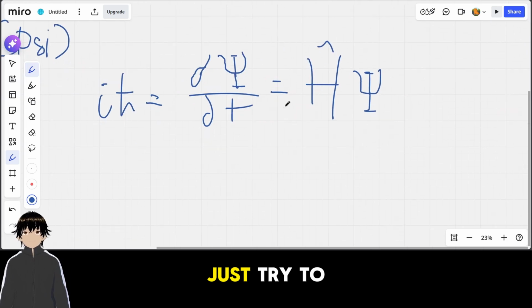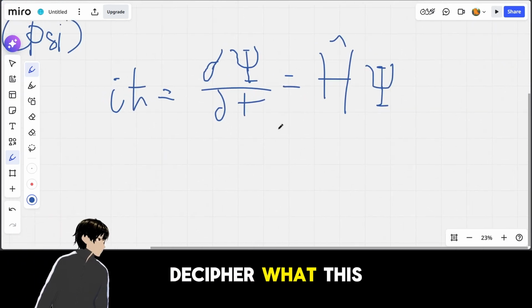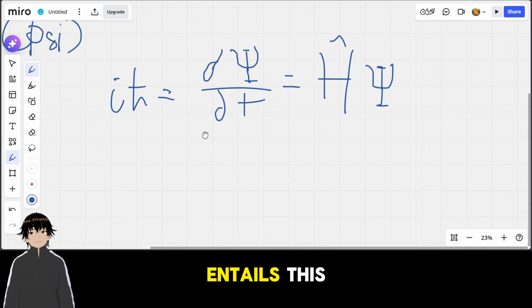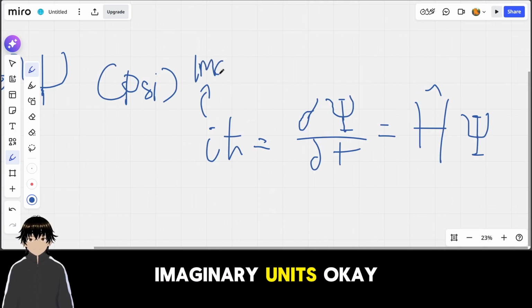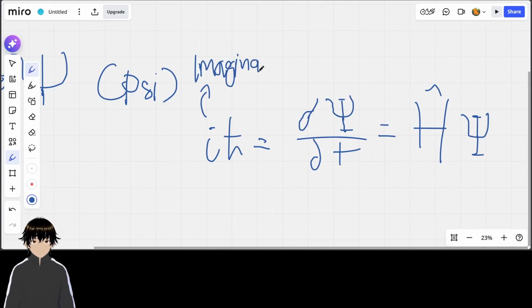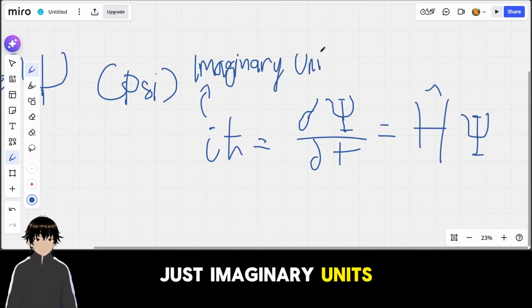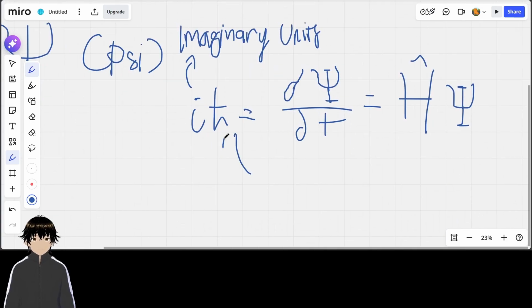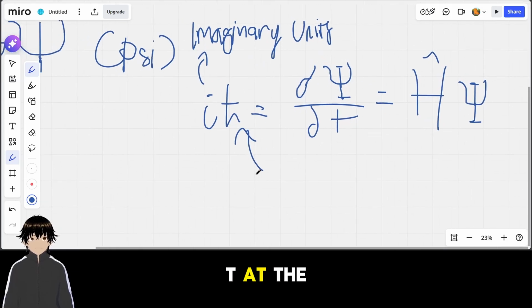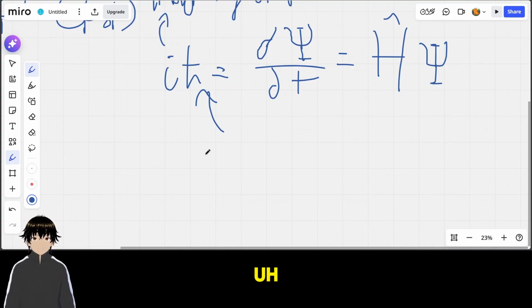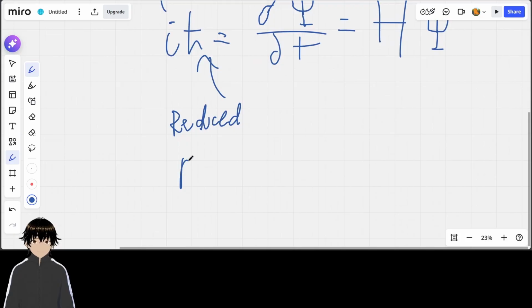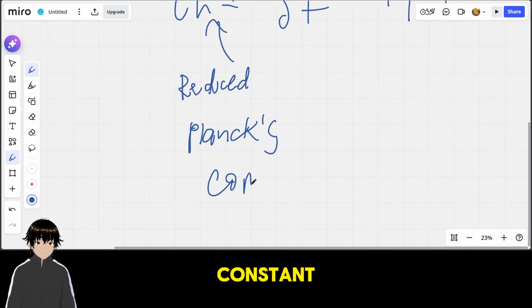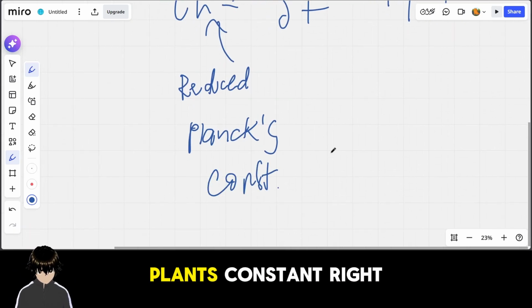So we can try to decipher what the Schrodinger equation here entails. This i just means imaginary units. And this h that looks like a t at the same time is the reduced Planck's constant. We can search up Planck's constant right here.